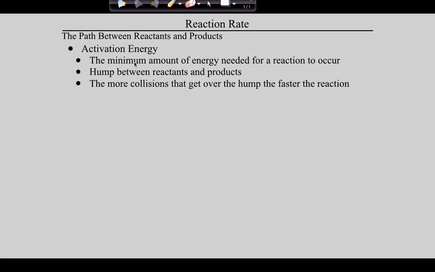So guys, imagine that we want to move a bunch of people up to Salt Lake and they're all driving their own cars. Well, the more cars that can get over Point of the Mountain, the faster we'll fill up Salt Lake. Guys, similarly, with reactions, the more collisions that can get over the hump, the faster the reactants become products.